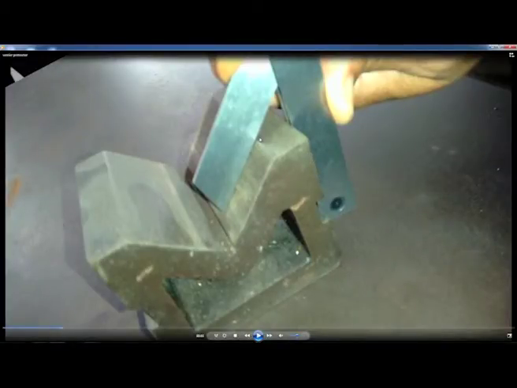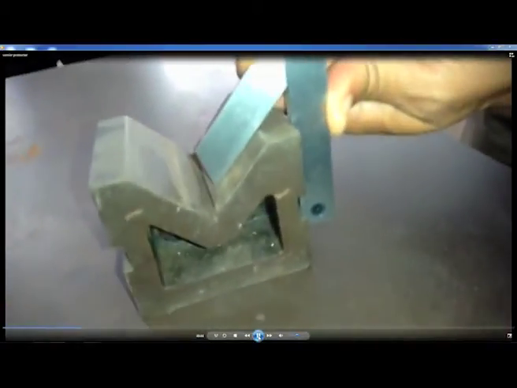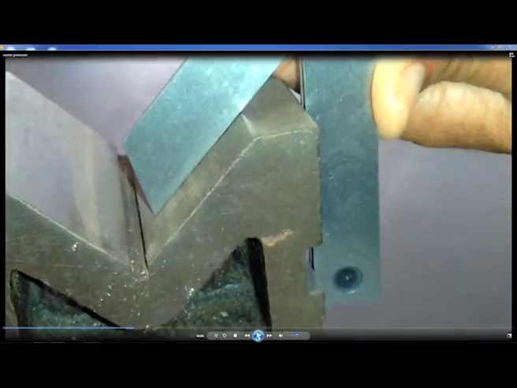You can see how to keep the blades. We should see that one blade is in contact with this particular surface, and the other blade should properly contact the other surface. Yeah, now you can see the proper contact.